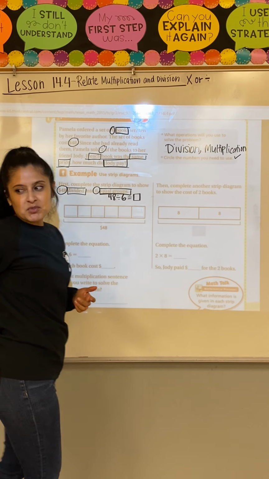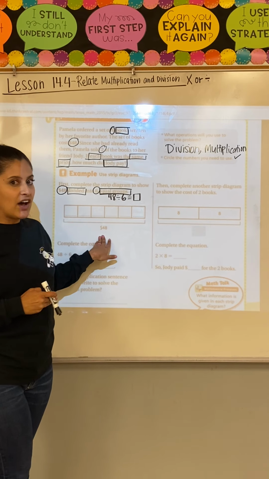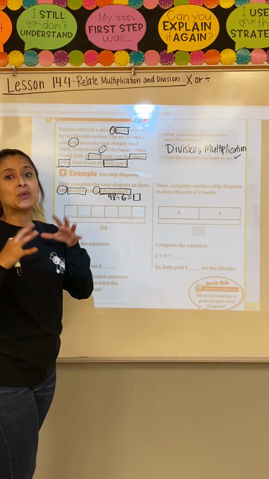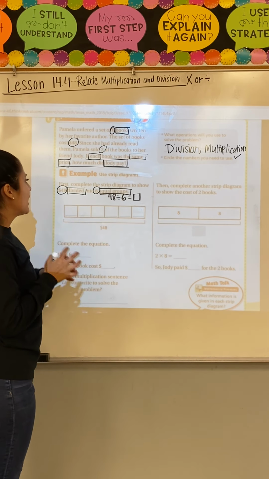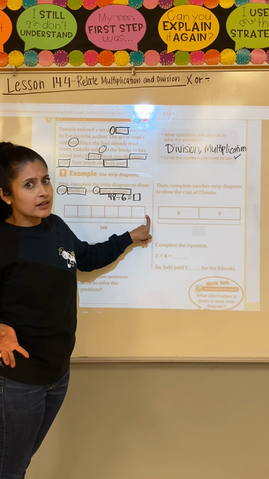Now, we're comfortable using equal groups or a strip diagram to divide this out. I'm going to divide up 48 into these 6 groups, and I'm going to put tally marks.